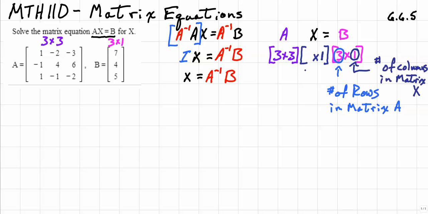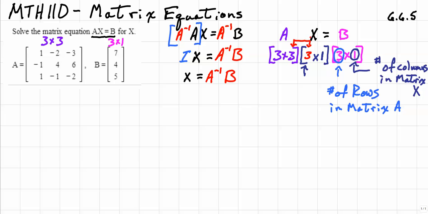We still are unsure of what's going to go in this place, but in order for two matrices to be multiplied together, we know from our definition that these two numbers must be the same. Ergo, this will be a 3 by 1 matrix.